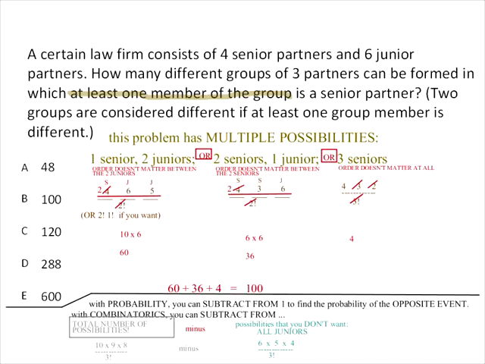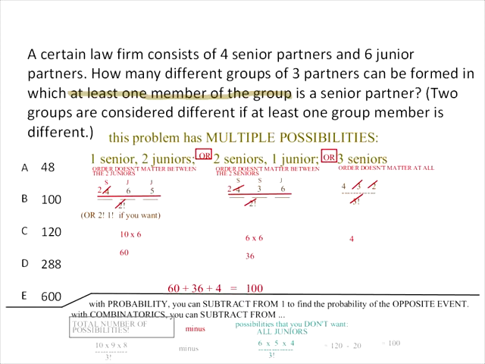If you do these numbers out, you'll get 10 times 9 times 8 over 3 factorial, which is 5 times 3 times 8. So that's 120. And then this is 20 over here. So that's still 100. So there you go.